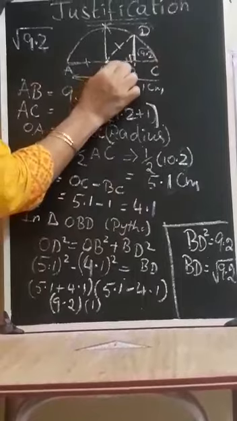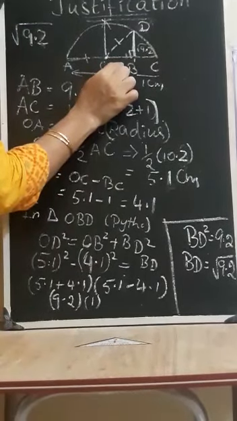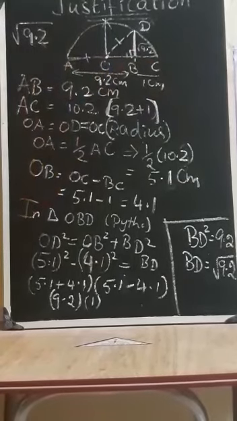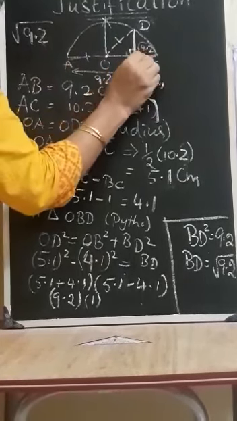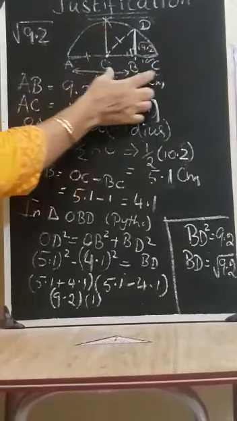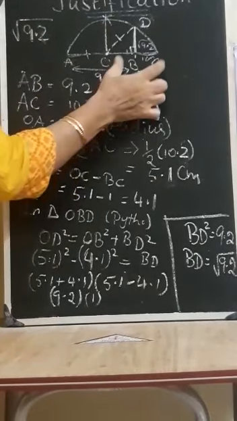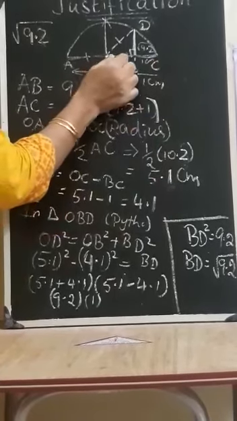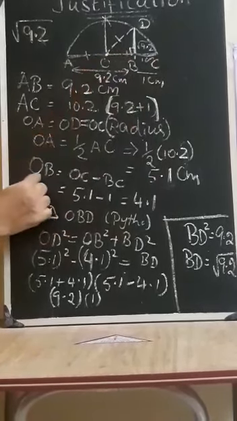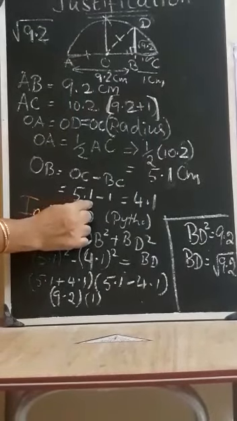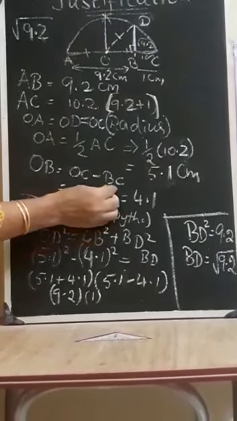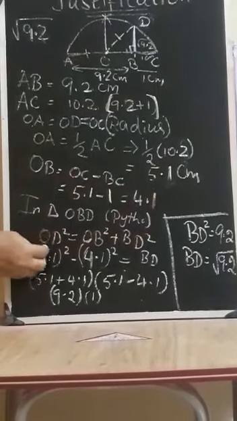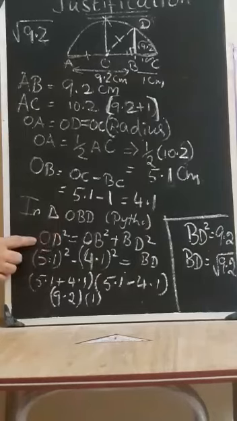So if I want to find out OB, I can subtract OC minus BC. BC is nothing but 1 centimeter, right? So OC is nothing but radius. Already we found radius is equal to 5.1. So OB is equal to 5.1 minus 1, 4.1, right? Now apply the values in the Pythagoras statement.